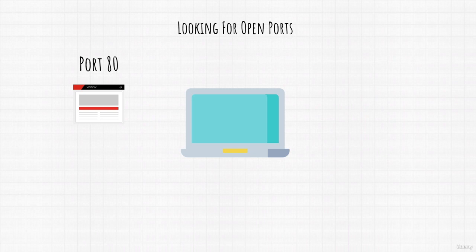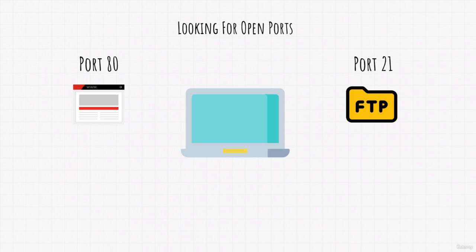A port that could sometimes be open if you're scanning internally, which means either scanning machines on your network or performing network penetration testing inside of some company, is, for example, port 21. This is an FTP port and it's used for file transferring. FTP stands for File Transfer Protocol. These are just two of the ports, and there are a lot of them.